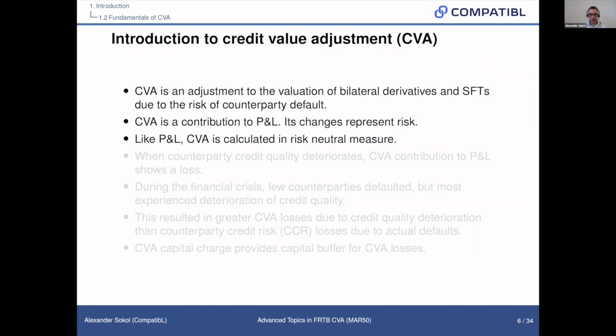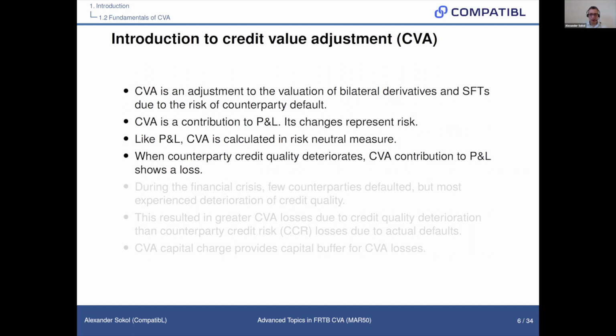Like P&L, CVA is calculated in the risk-neutral measure, and when counterparty credit quality deteriorates, the CVA contribution to P&L shows a loss. So the more risky the counterparty, the greater the present value of the future counterparty credit loss, or potential loss. That's why CVA becomes a greater negative number when the counterparty's credit quality deteriorates.